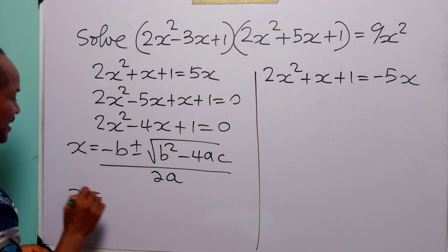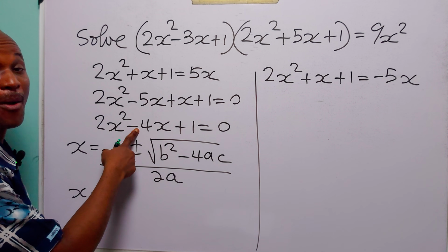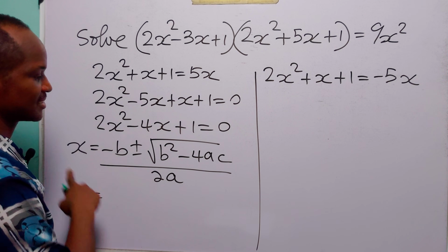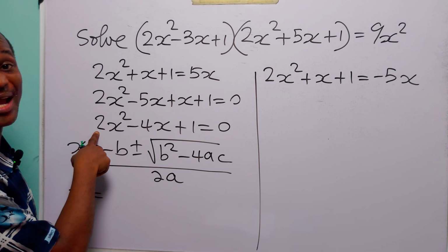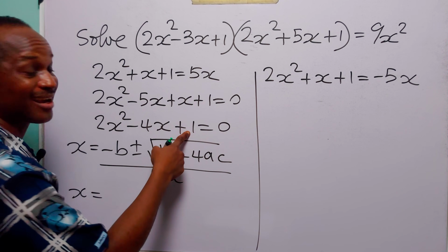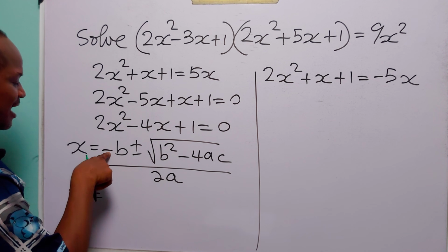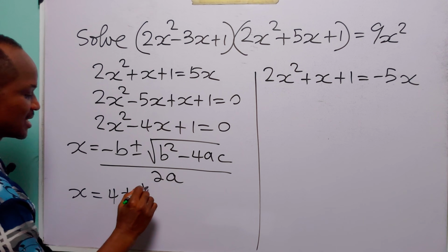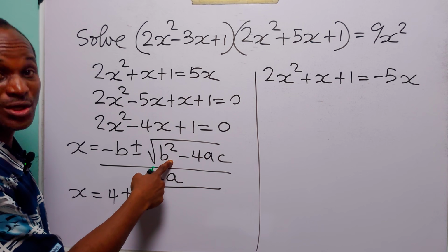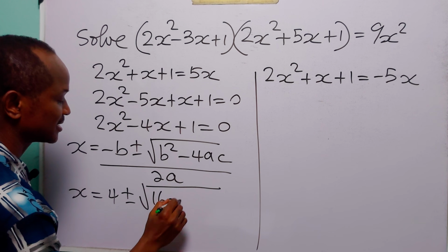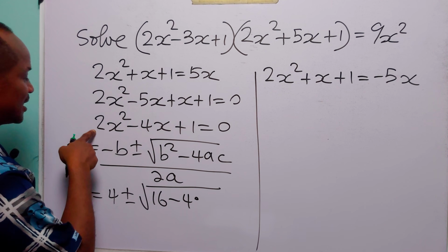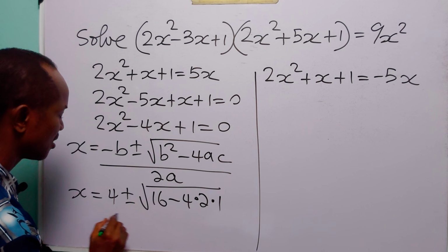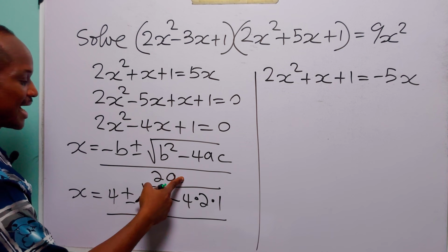Now, of course, you know that b is the coefficient of x, a is the coefficient of x squared, and c is the constant term. So here we have minus minus 4, which is equal to 4, plus or minus the square root of minus 4 squared, which is 16, minus 4 times 2 times c, which is 1, all divided by 2 times a.